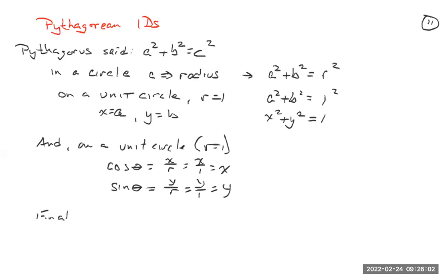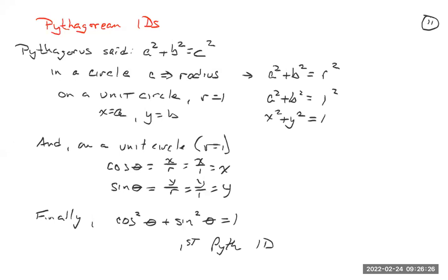And that gets us finally to our first Pythagorean. Cosine squared of theta plus sine squared of theta is equal to 1. And that's our first Pythagorean ID.